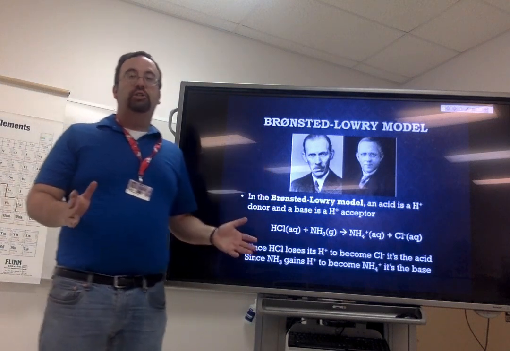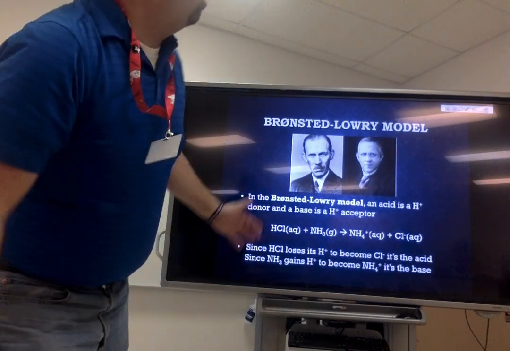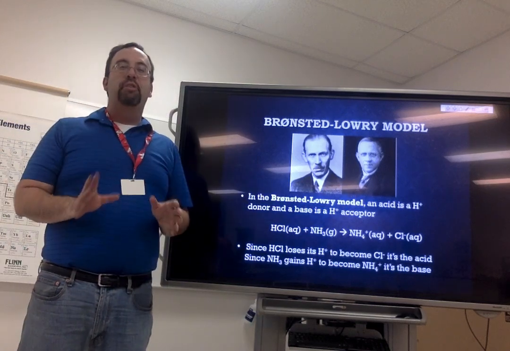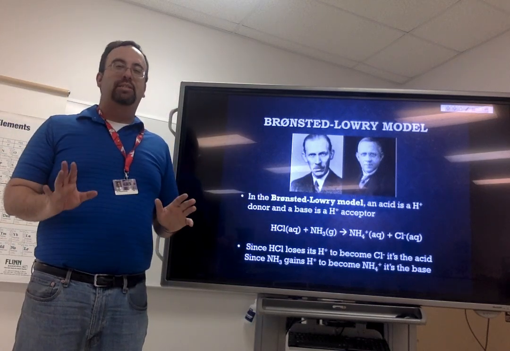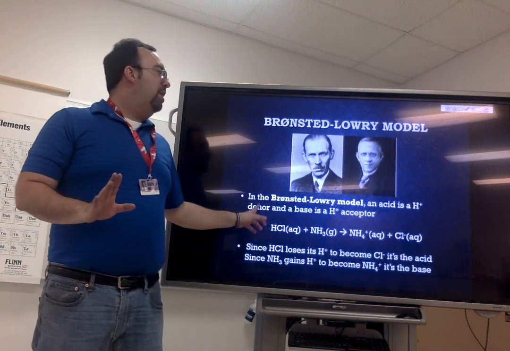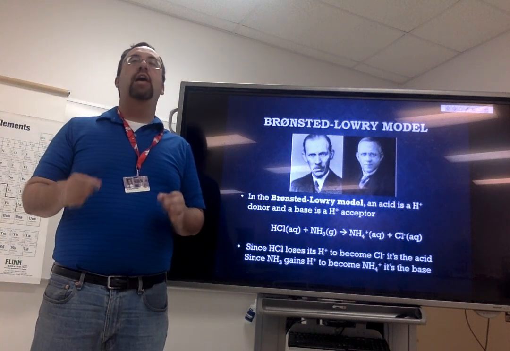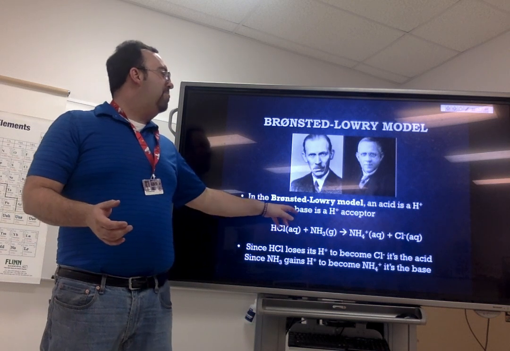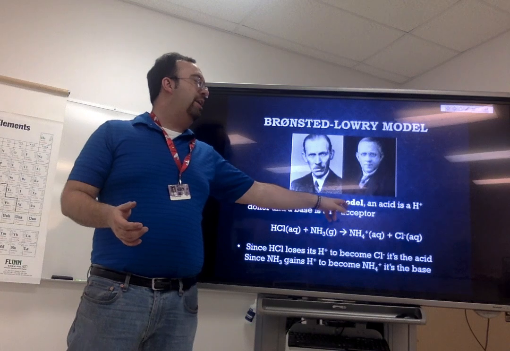Two scientists working together, Bronsted on the left, Lowry on the right, came up with another model of acids and bases. What they proposed was that an acid is an H plus hydrogen ion donor, very similar to Arrhenius' definition, and the base is a hydrogen ion acceptor.